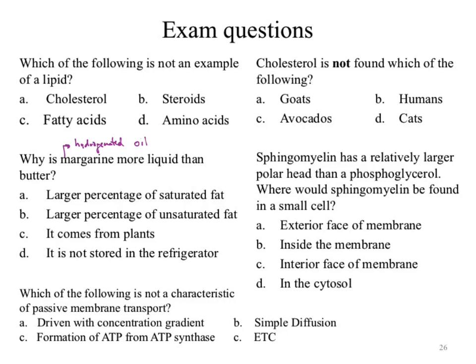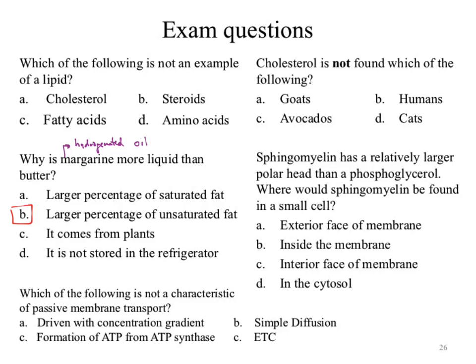It is partially with plants. It has a larger percentage of unsaturated fat. We have the double bonds in there. Just because it comes from plants, and even that is questionable. Hydrogenated oil does not come from plants. Hydrogenated oil comes from humans that took plant oil and did stuff to it. So it's not coming from plants.